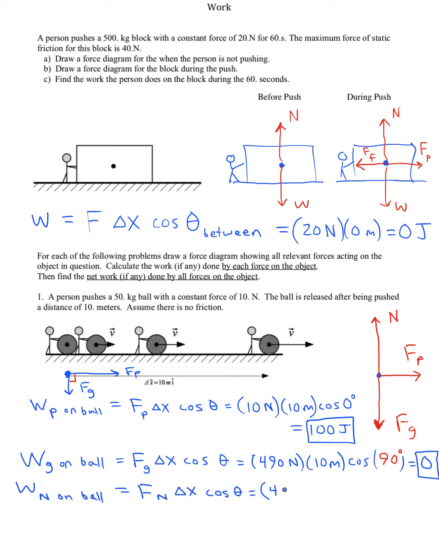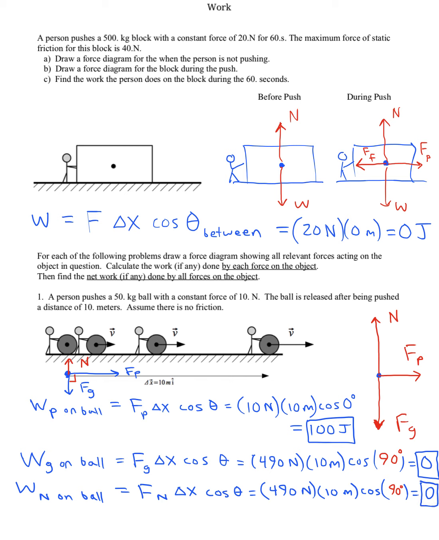So even though the normal force has to match the weight, and it has to push upward instead of downward, the angle between the two is still 90. That's because the normal force pushes upward, but the ball doesn't go upward. It goes to the right. And for that reason, the normal force can't do any work here either.